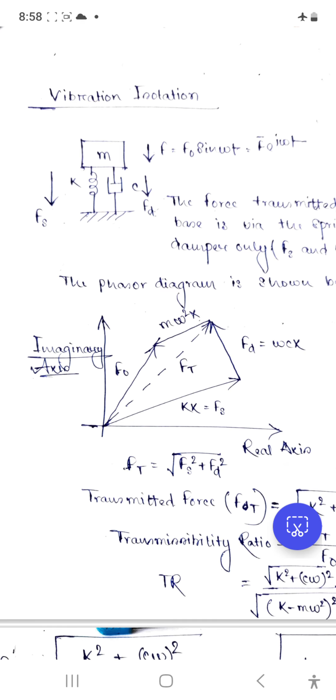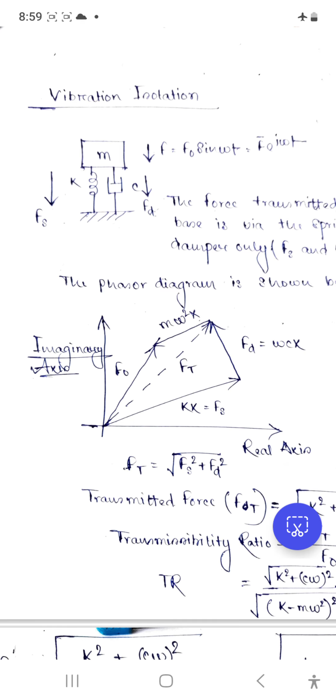As we know, the damping force will have a phase difference of 90 degrees with the displacement, because that is the velocity term. Accordingly Fd is omega c X. The inertia force will have a phase difference of 180 degrees to the displacement, so it is m omega square X, and we already know how to draw these phasor diagrams.